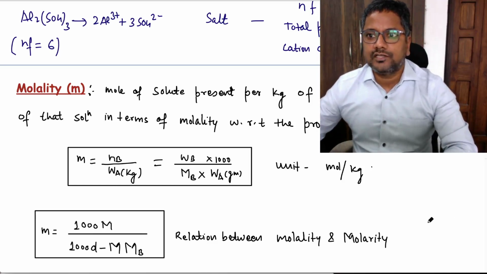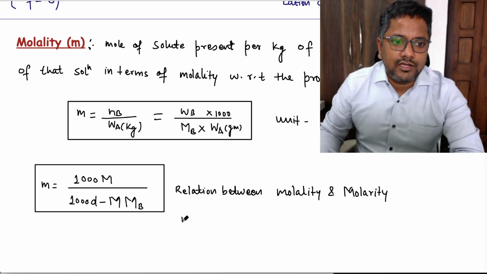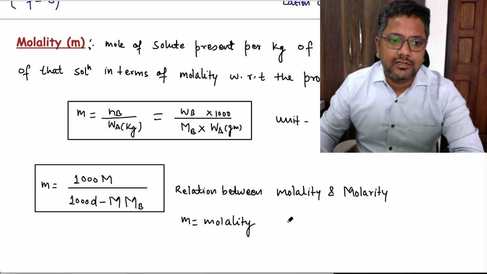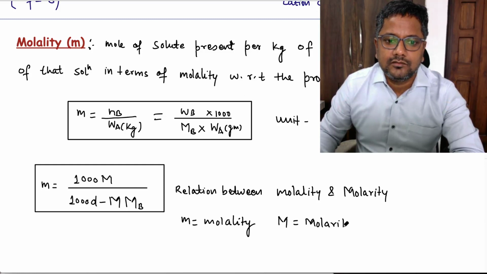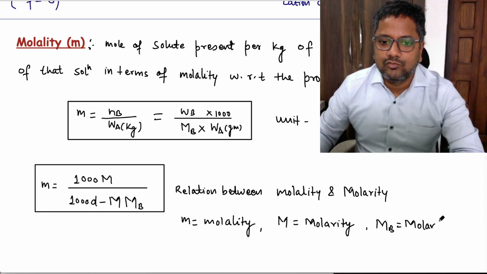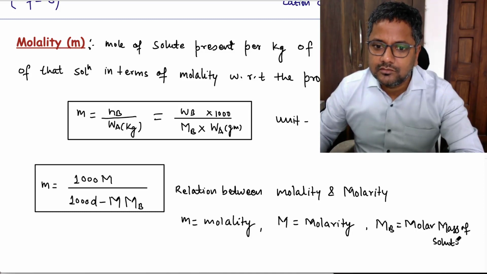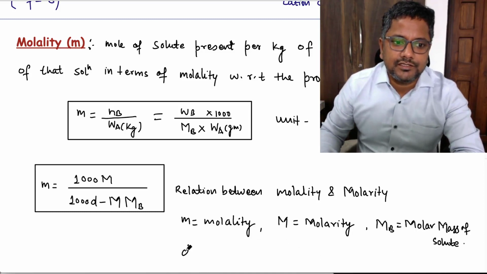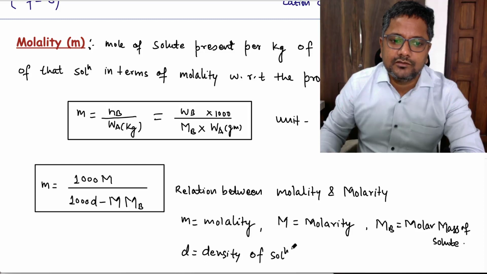What are the different terms used here? Small m is the molality, capital M is the molarity, MB is the molar mass of solute, and D is the density of solution in grams per ml.